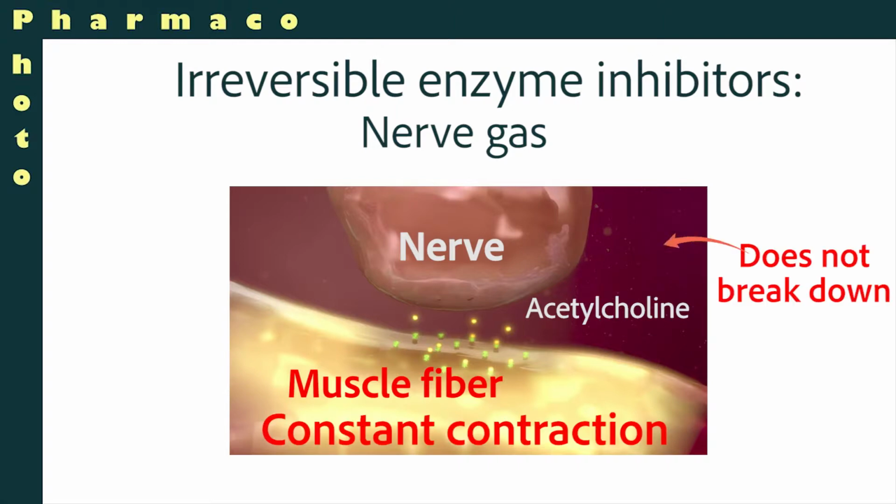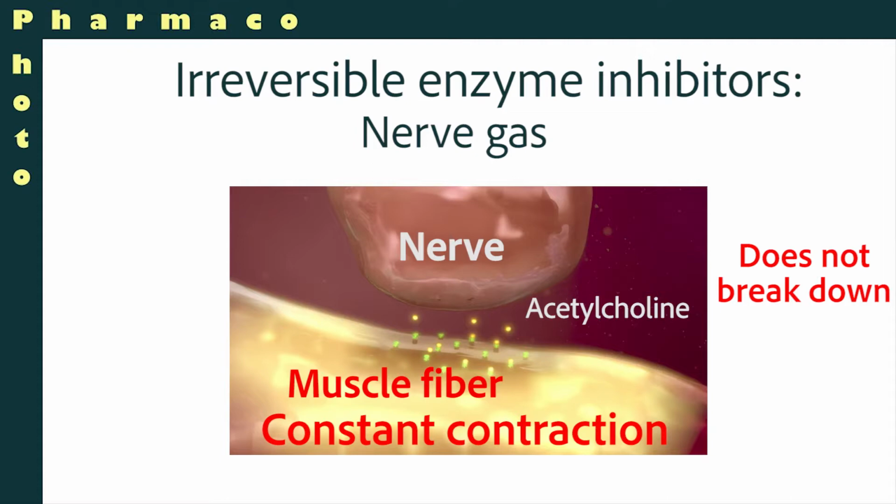We need to be able to contract the diaphragm, but we need to be able to relax it as well. So contraction, relaxation, contraction, relaxation. And with this nerve gas that's an irreversible inhibitor of that enzyme, it means that there's constant excess of acetylcholine and constant contraction.